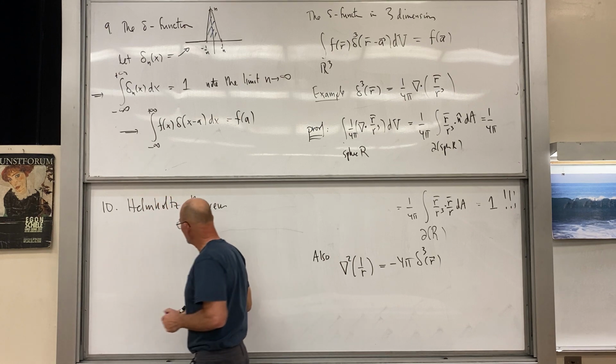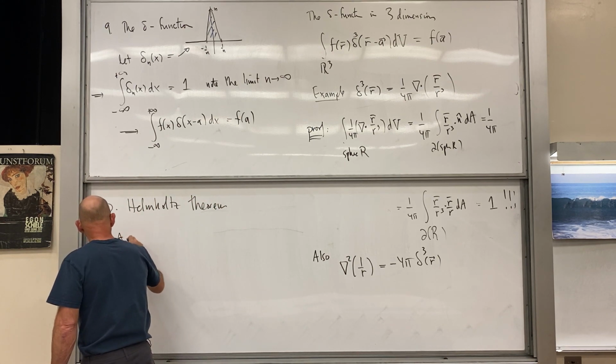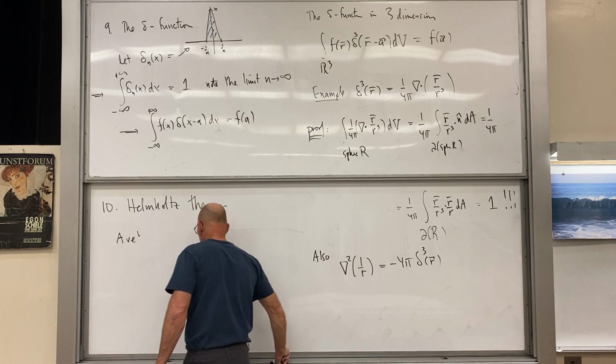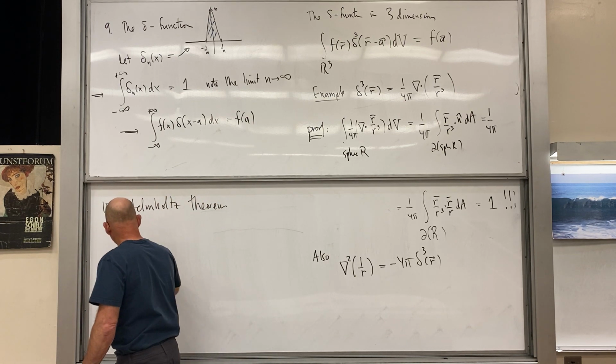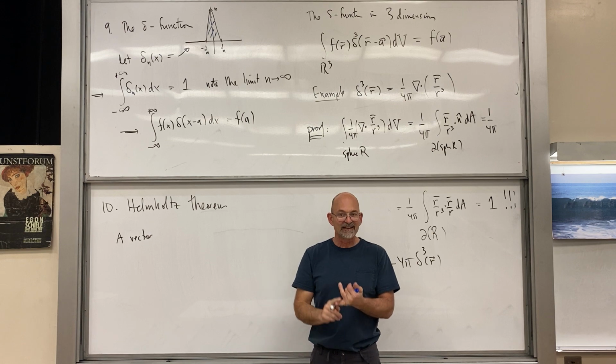The Helmholtz theorem is that a vector field, I'll just put it this way, a vector, can be expressed as the sum of a gradient and a curl.